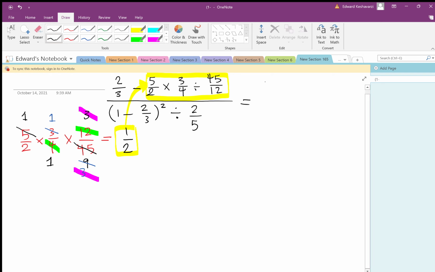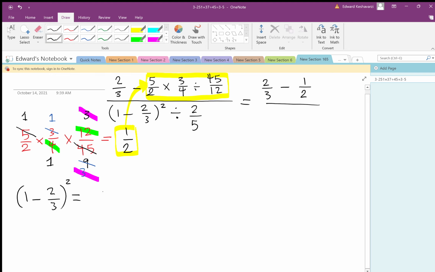Therefore, we will have 2/3 minus 1/2. So at the bottom, again, order of operations tells us that we need to do the bracket first. So I'm going to do 1 minus 2/3 squared.